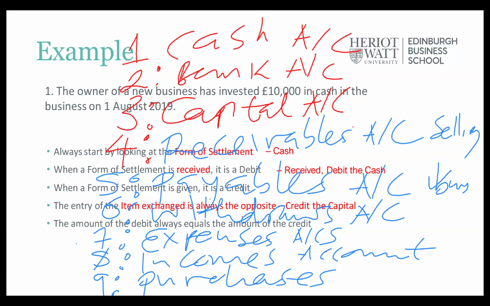Is that clear? Yes. So whenever you look at a transaction, you will identify only two accounts involved in each of these transactions. I've told you, if you sell on credit, then you have the sales account involved and the receivables account. If you buy on credit, you have the purchases account involved and the payables account, isn't it?